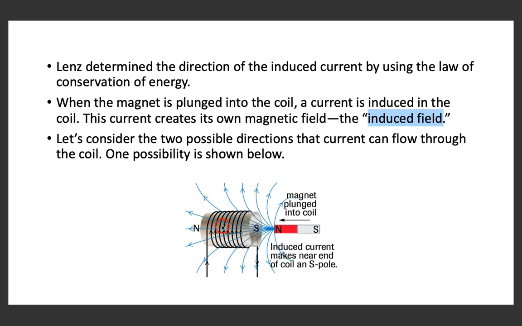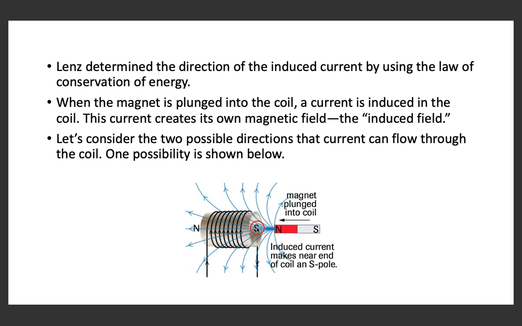And so what direction is this current going to flow? Well, let's consider the two possible directions that current can flow through the coil. This slide shows one possible direction. So it's flowing in this direction upwards on this slide. And if that induced current is flowing in this direction, you can see perhaps that the solenoid is going to generate a magnetic field where this end is the north end of the magnetic field, and then this is the south end.